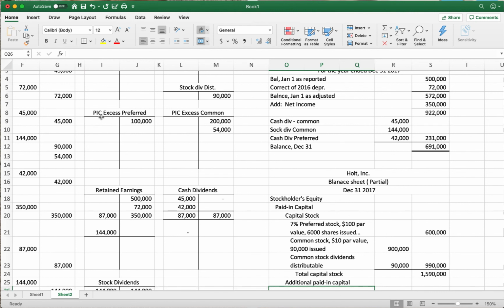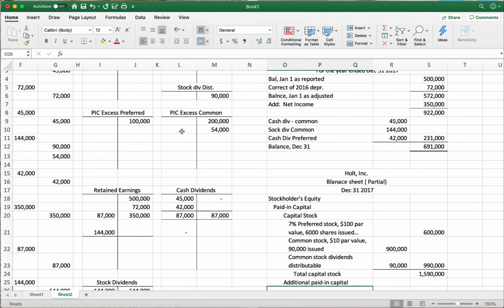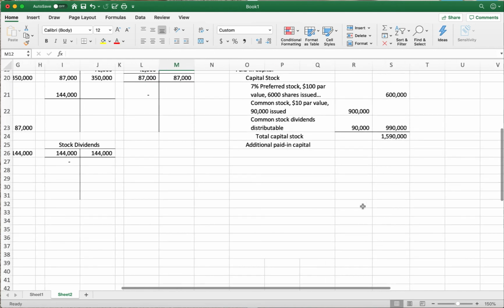So I see that for preferred, paid-in capital in excess of par is 100,000. For paid-in capital in excess of par for common is $254,000. And I'm going to make that so. Boom. Okay. So now we've got to put it on the balance sheet.